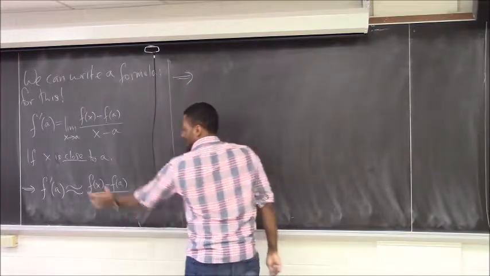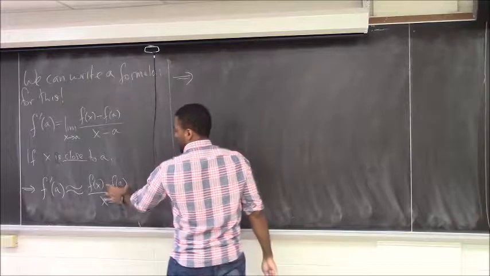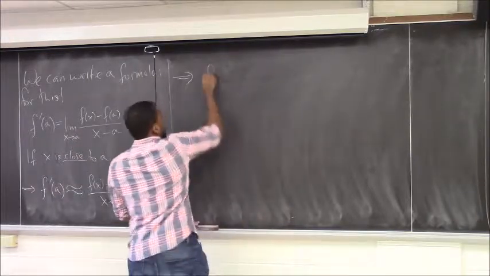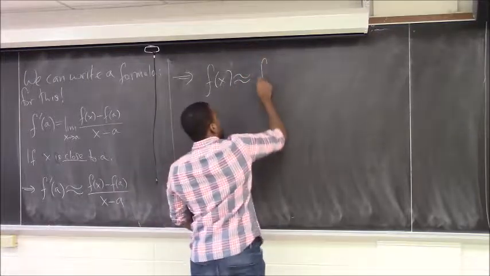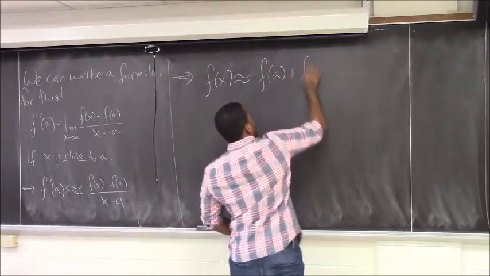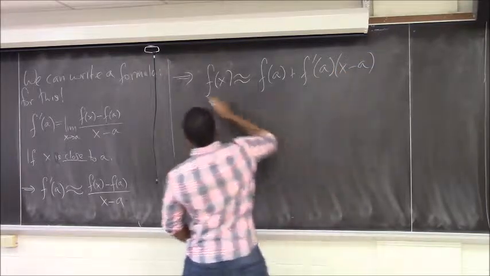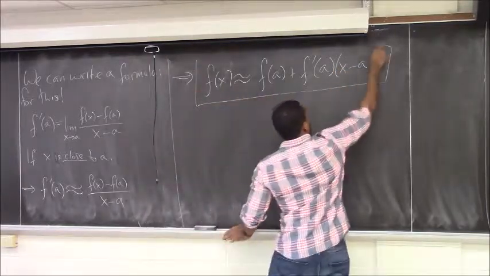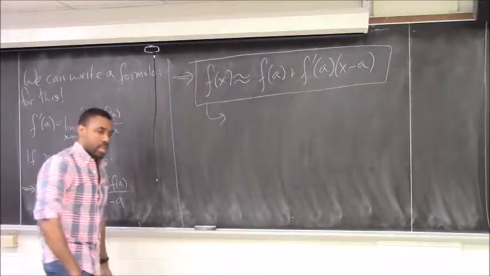The goal is here, I can solve for f of x. So I can multiply both sides by x minus a and then add f of a. And so we end up with f of x is approximately equal to f of a plus f prime of a times x minus a. And that's our formula. This is called the linear approximation formula for f of x at x equals a.